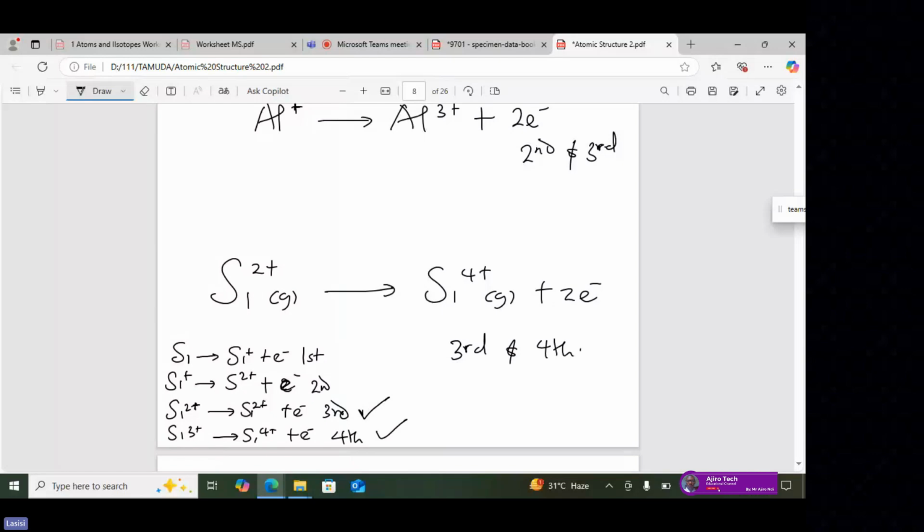First is from Si to Si plus, not here. Second is Si plus to Si2 plus as a product, and Si plus is a reactant, it's not there.